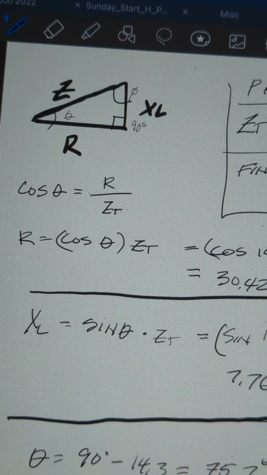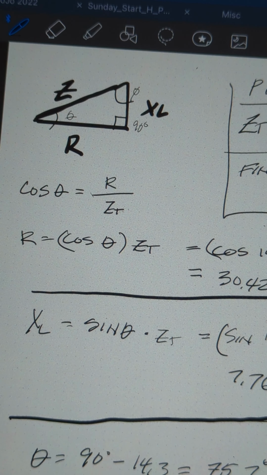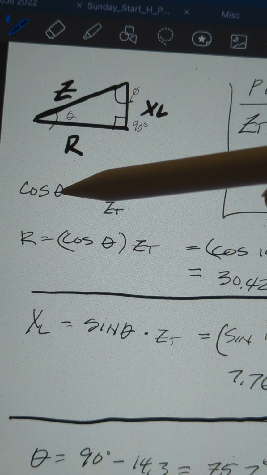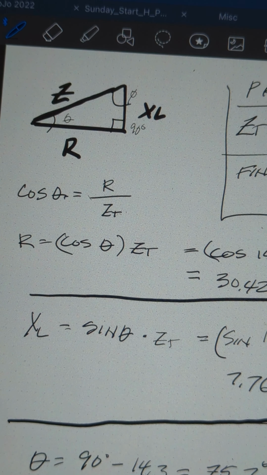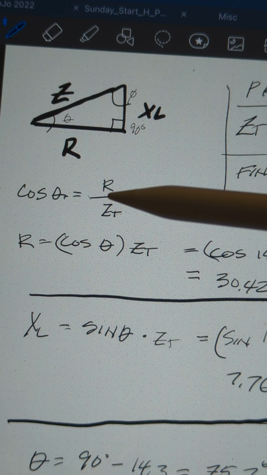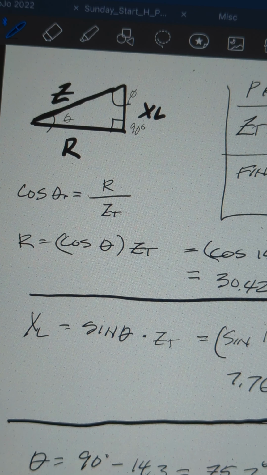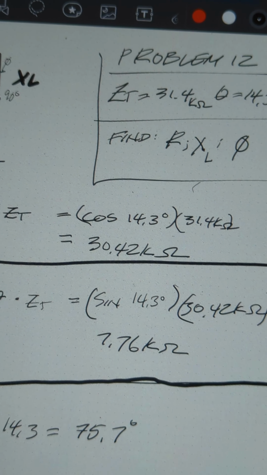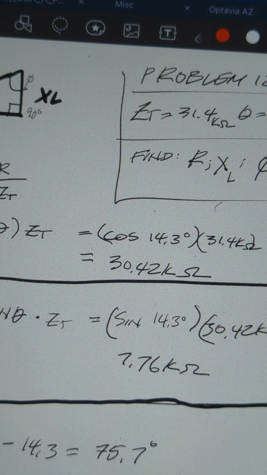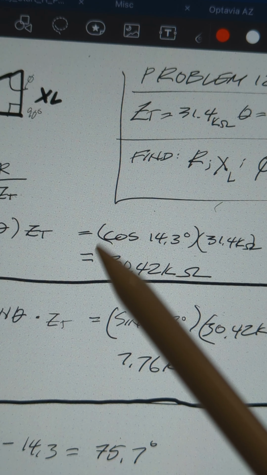In order to do that, we're looking at the ratio of R over Zt. That's going to be the cosine. So if I want to solve for R, it's going to be cosine theta times Zt. I do that, and my answer comes out to be 30.42 k ohms.